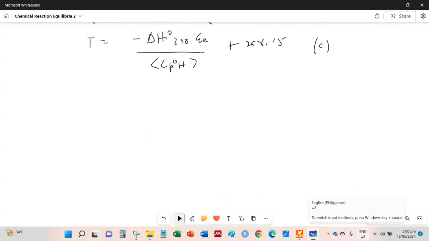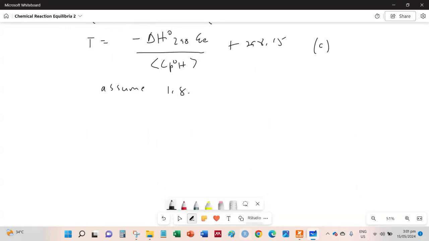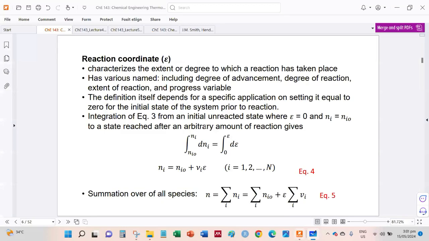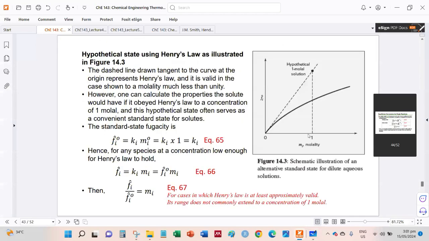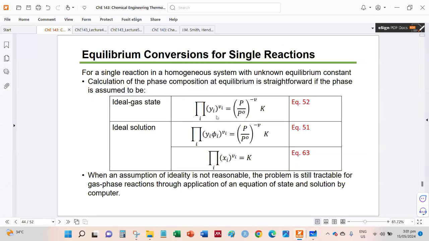Next, to simplify the calculation, we assume an ideal gas. And with that, the equation that we need to use is this one.